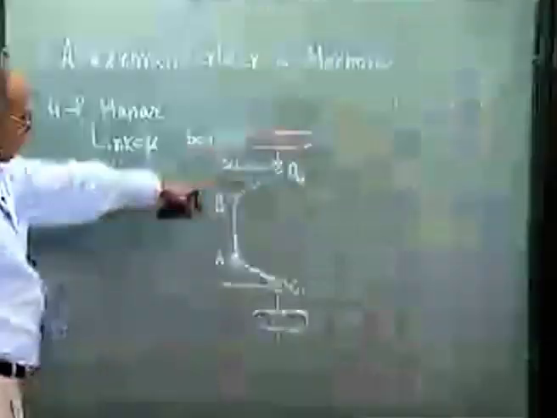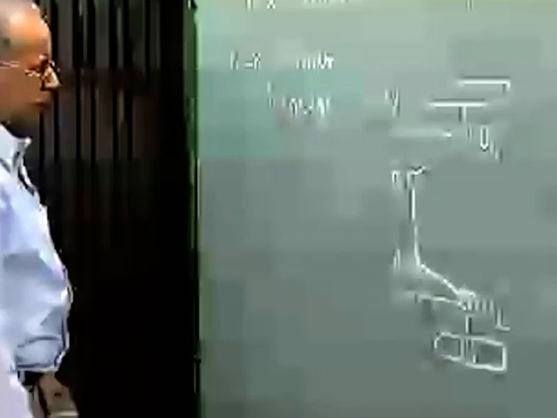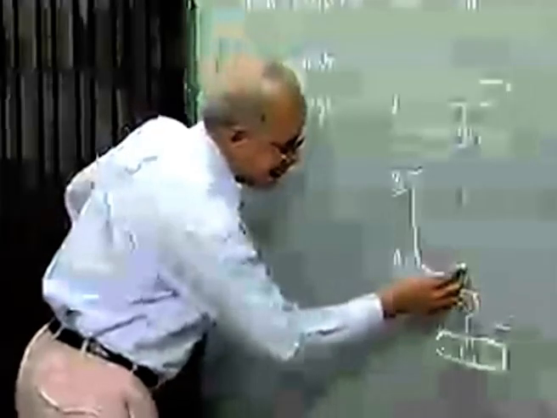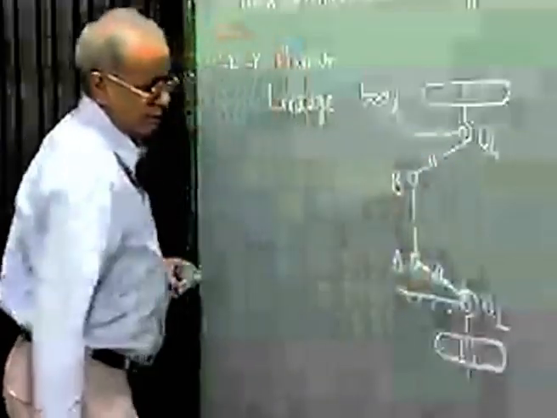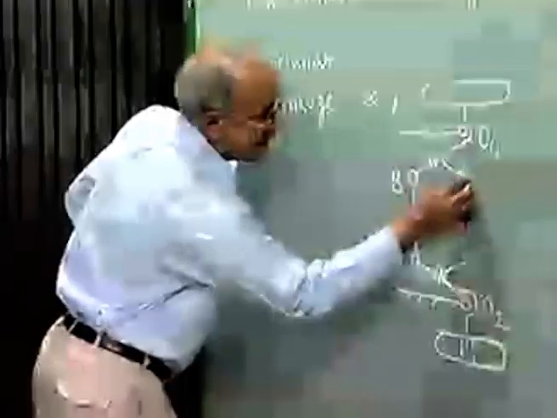This is the top view of the automobile. Here are the two front wheels and the back wheels will be here. Now this is also a symmetric linkage in the sense this link length is same as this link length and this angle is same as this angle.